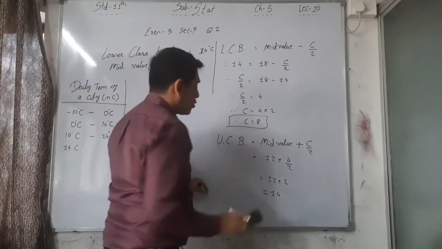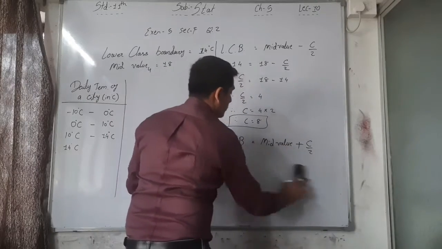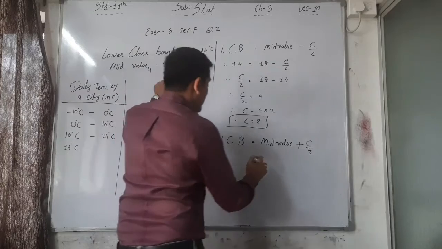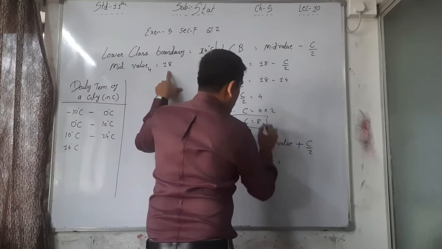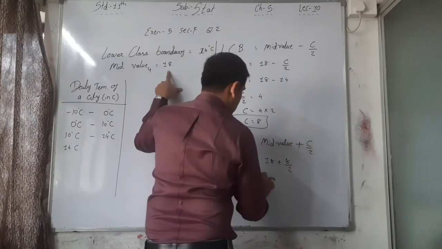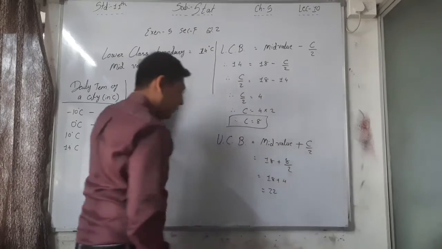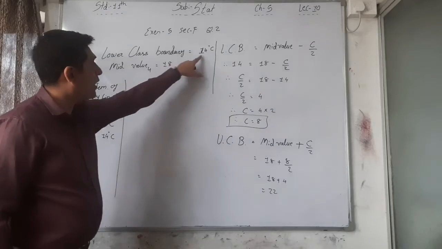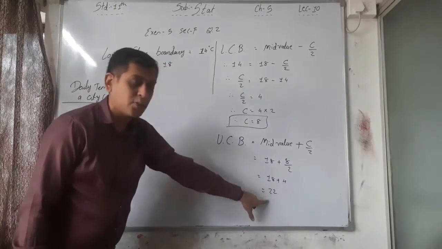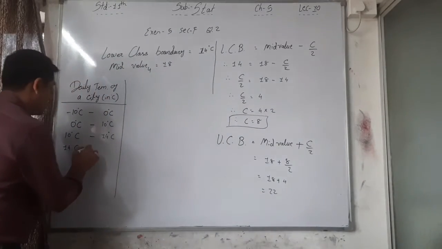We are using this also here, mid value 18, 8 is the class length, 18 plus 4, 22. Here lower class boundary is 14 Celsius and the upper class boundary is 22 Celsius.